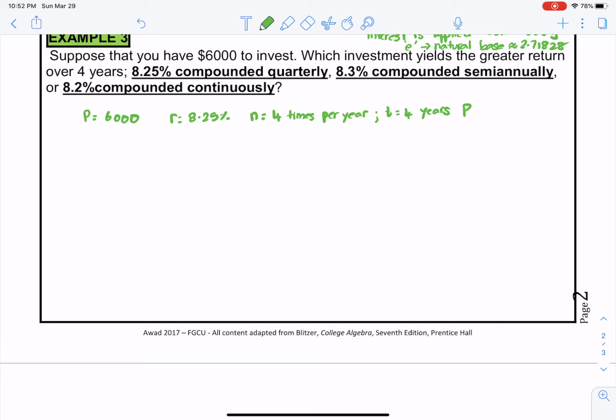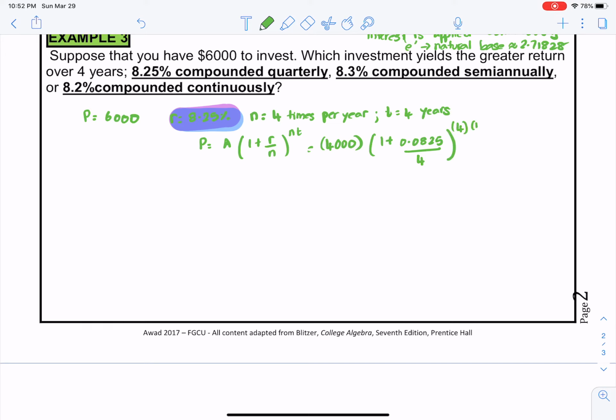Using the formula, we simply plug in 4,000 times 1 plus, and do not forget to convert the percent to a number, so it would become 0.0825 divided by 4 times per year, so n is 4, and 4 times 4, we get 16.